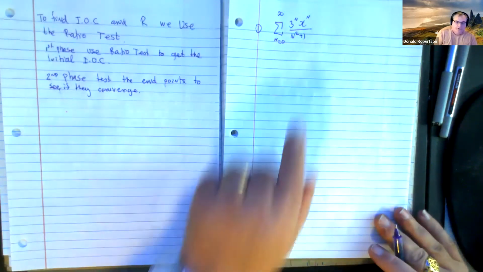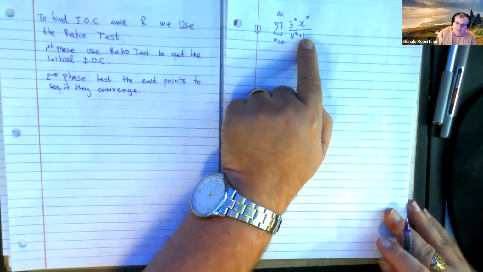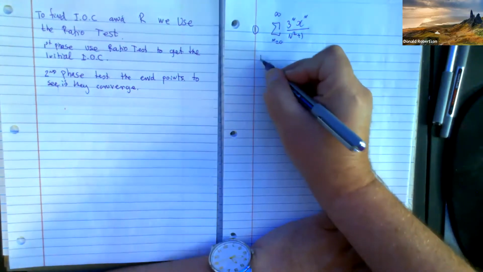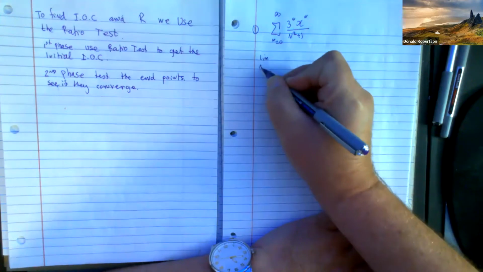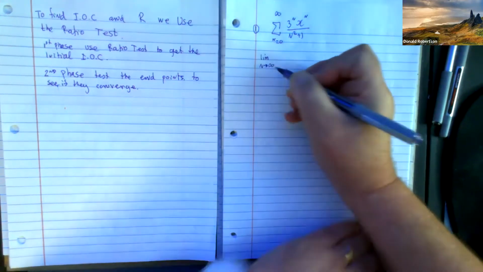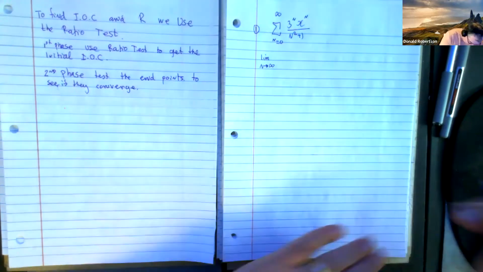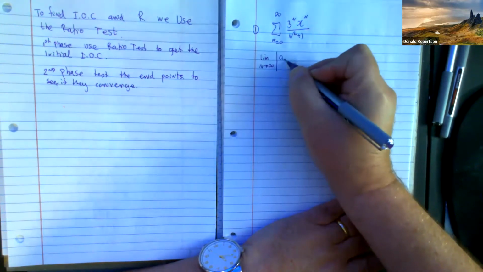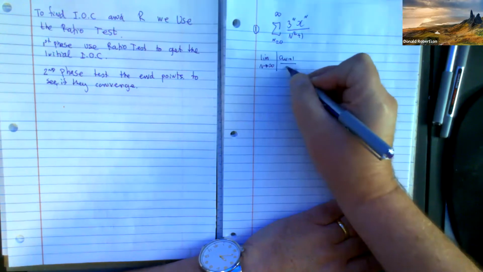So let's assume that this question was, find the radius and interval of convergence of this power series. We start by using the ratio test to get the initial interval of convergence. So that's the absolute value of a_(n+1) over a_n.